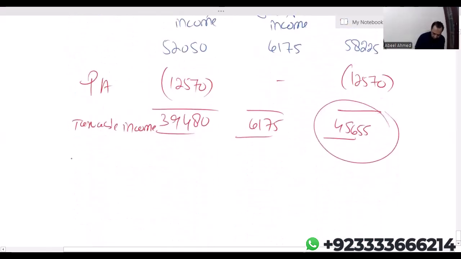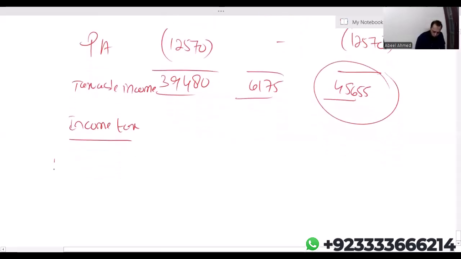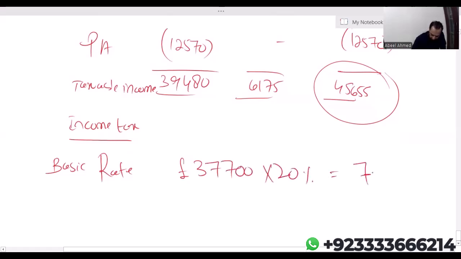Now let's calculate tax. First of all, the tax rate is applicable on non-saving. The taxable income in the non-saving column is 39,480, which is more than the basic rate band. So first use the basic rate band. The basic rate band ends at 37,700. Applicable rate is 20%, so I'm getting 7,540. Now listen carefully.